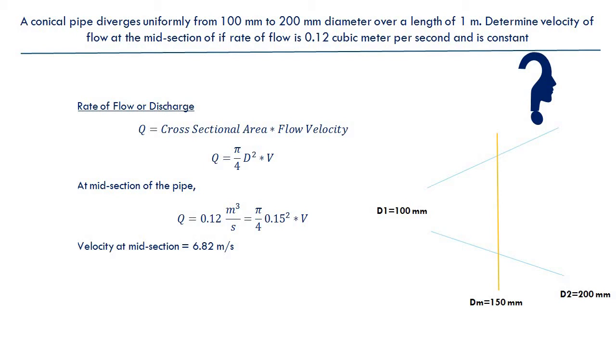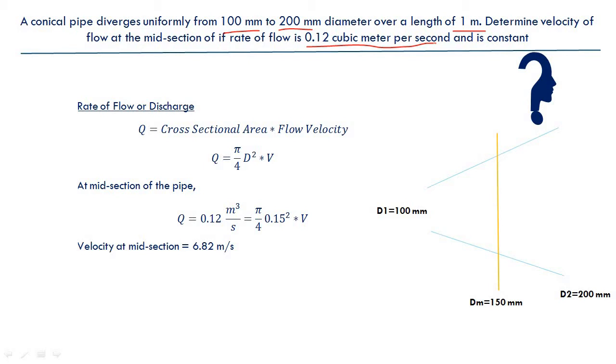A conical pipe diverges uniformly from 100 mm to 200 mm diameter over a length of 1 meter. Determine the velocity of flow at the midsection if the rate of flow is 0.2 cubic meter per second and is constant.